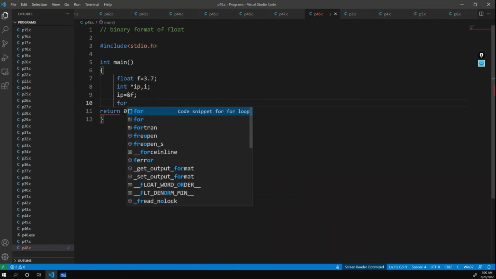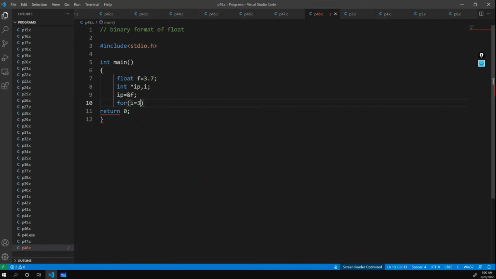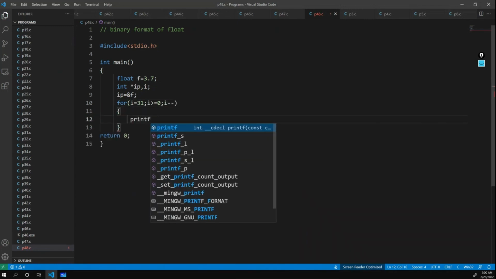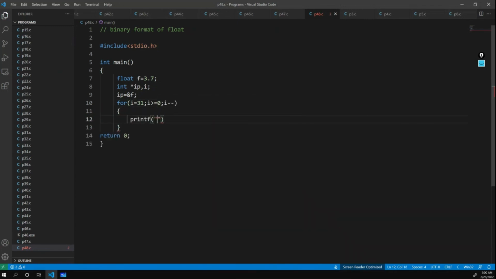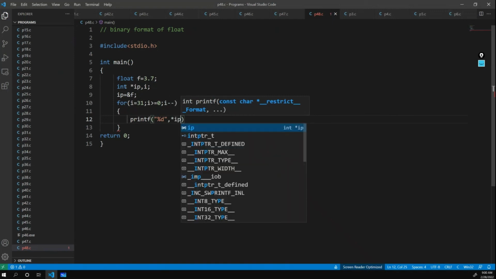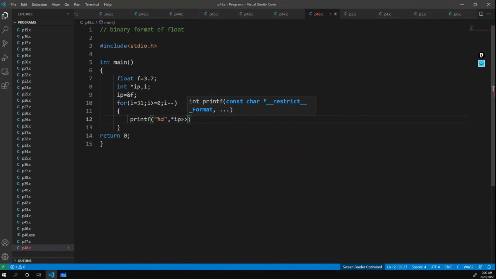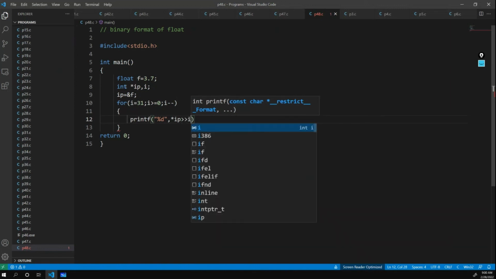For i is equal to 31, i greater than or equal to 0, i minus minus. In the printf, I will print percentage d, comma, star ip, that is my number. I will right shift that number by position i and with 1.